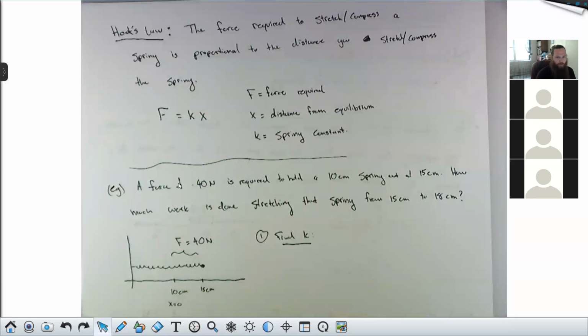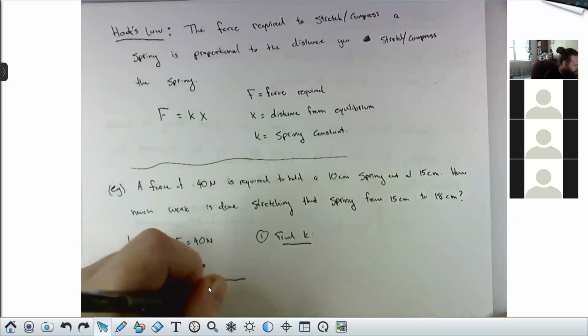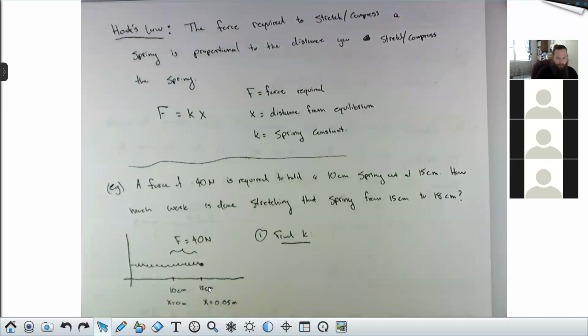Ten centimeters is 0.1 meters, and 15 centimeters is 0.15 meters. So I'll call this x equals 0 meters, and I'll call this x equals 0.05 meters, because we want to work in SI units, the regular units for work, which are newton meters.